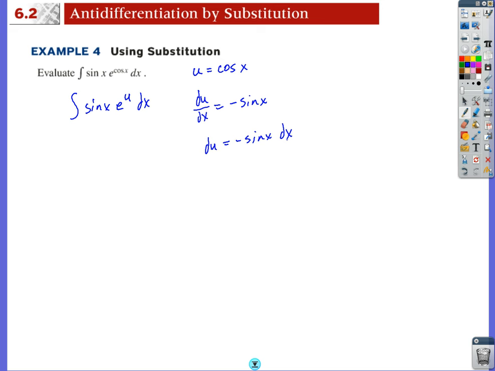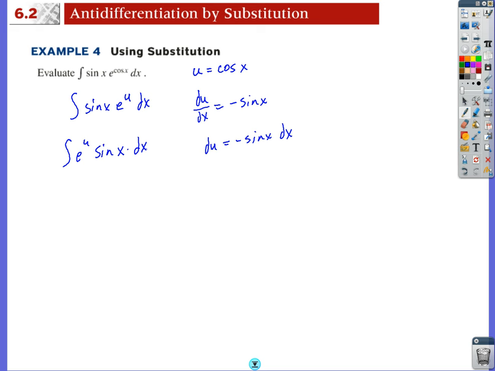Well, why is that promising? Let's take a look. If I rewrite this, and I come over here, this is the integral of e to the u sine x times dx.